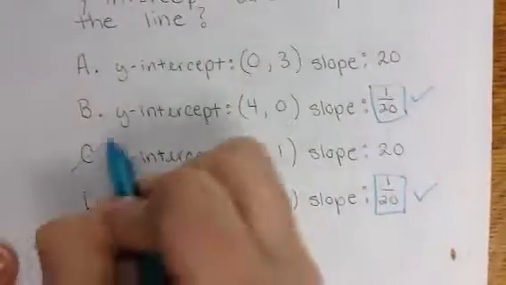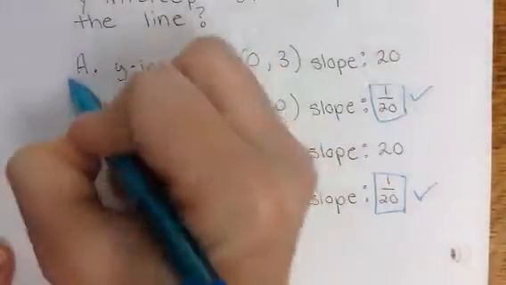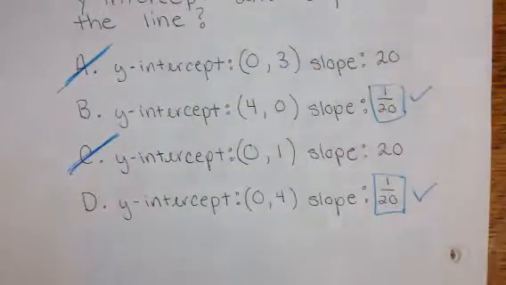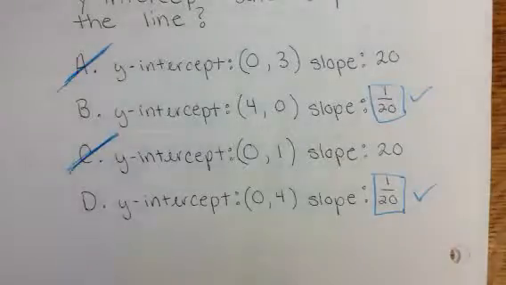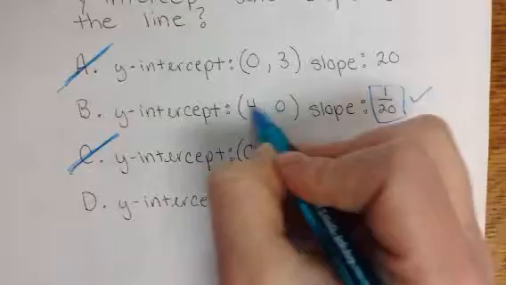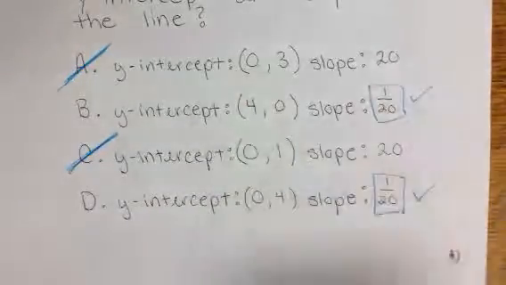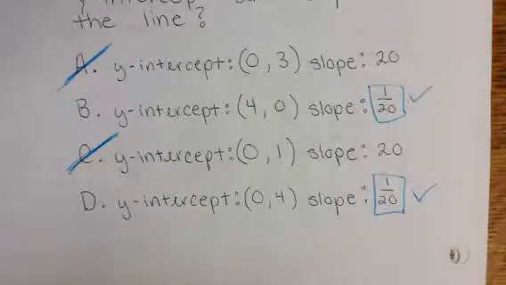So right now, I'm going to eliminate C, and I'm going to eliminate A, because they did not have the correct slope. Now, if you're finding a y-intercept, the x value always has to be 0. So, which one of these two ordered pairs has the x value of 0?